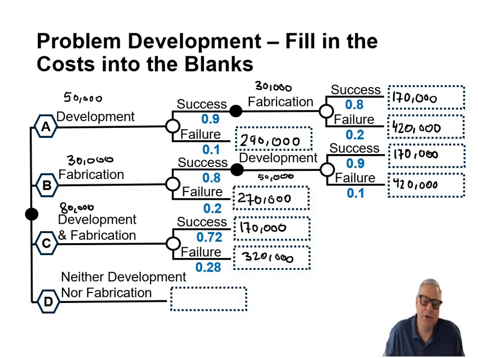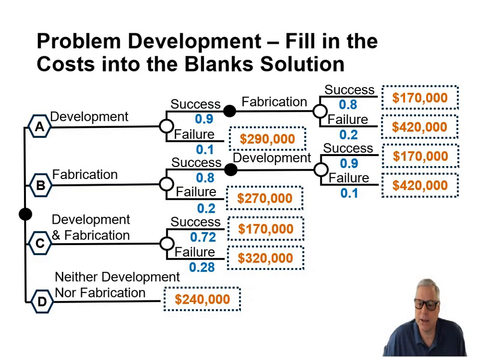And if we need to develop or fabricate, we can buy everything for $24 each, so that's 240,000. And the probabilities are given. So that was already the hardest part. So now on the next slide you see again the results.